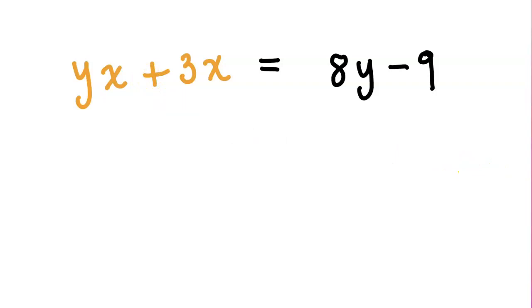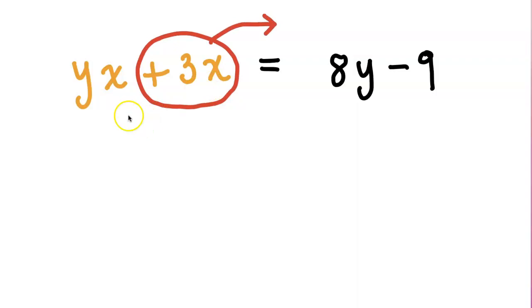And if it doesn't have a letter y, we're going to send it to the other side. So let me go around and see which terms need to move. This has a y on the left, a y on this term, so I'm going to keep it here, okay? But notice the 3x doesn't have y. I'm going to send it to the other side. Go to the other side.